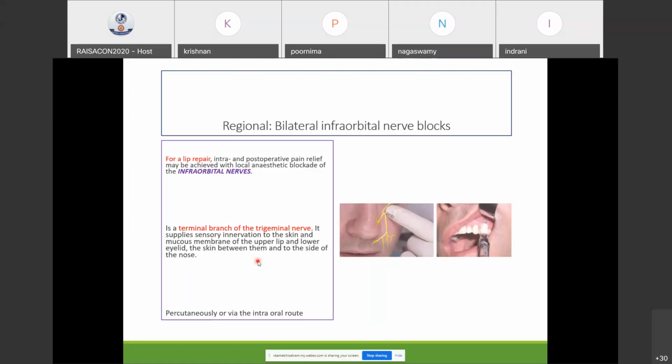So what are the post-op complications you expect, immediate post-extubation in this patient? There can be increased airway edema. There can be a sudden airway obstruction due to either bronchospasm or laryngospasm, sir.